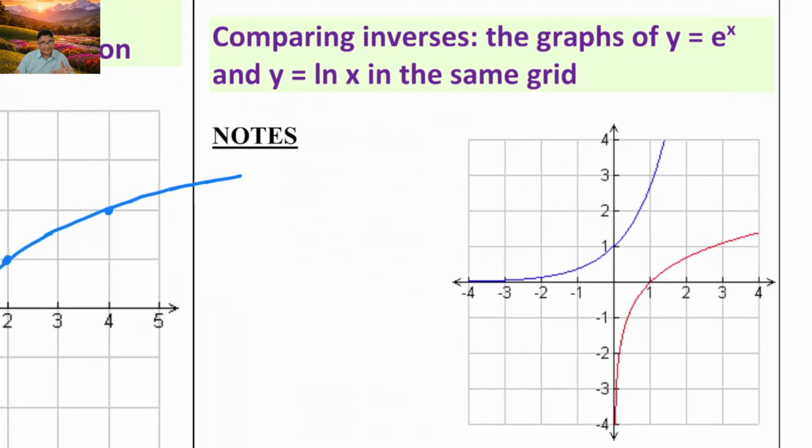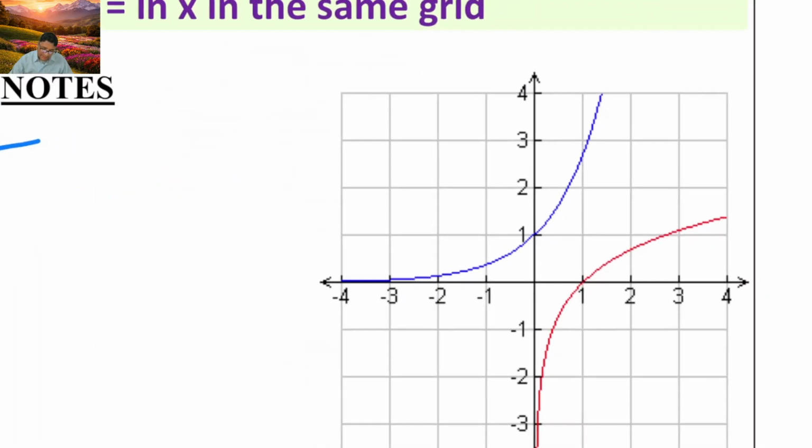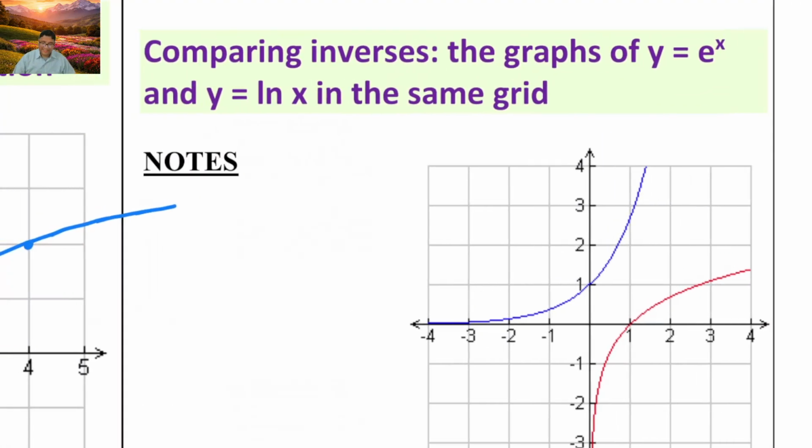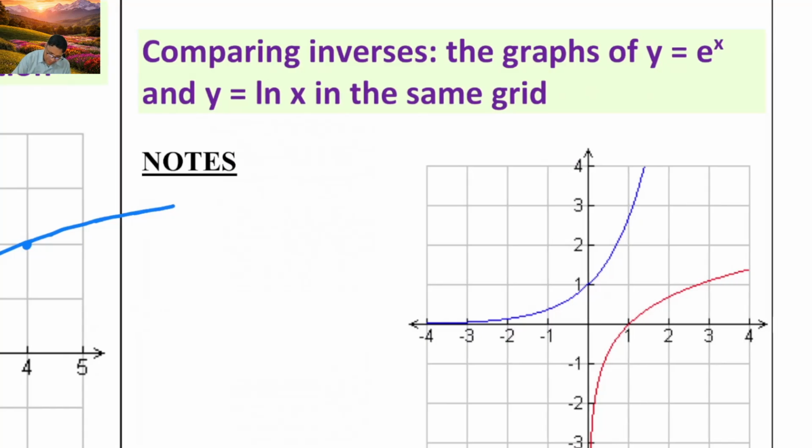There are some things to observe there. Now, here are the graphs of e to the x and ln x. Very simple challenge first. Identify which is ln x and which is e to the x. I hope it was not difficult.